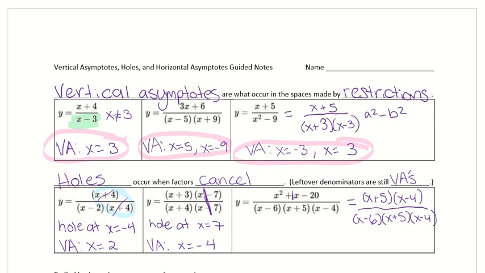So this graph is going to have two holes. It's going to have a hole at negative 5. And it's also going to have a hole at positive 4. And then still that leftover denominator means we're going to have a vertical asymptote at 6.